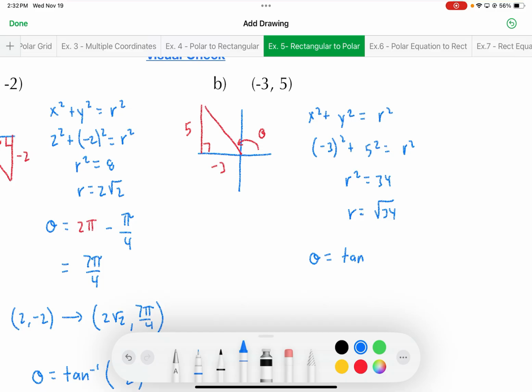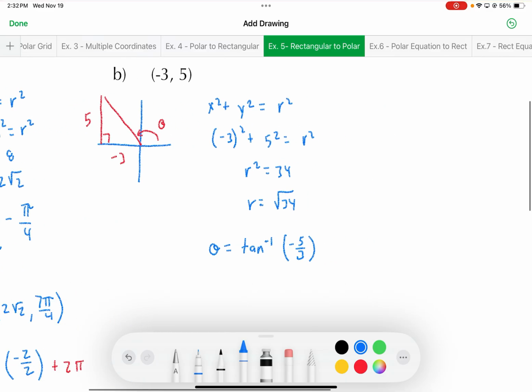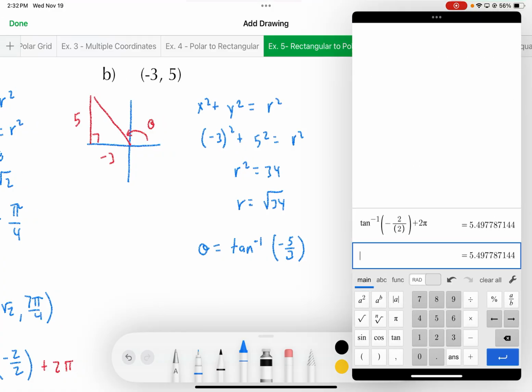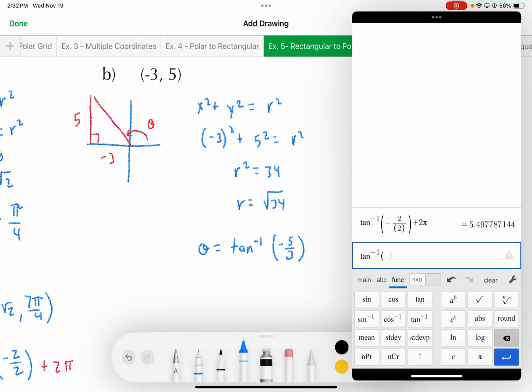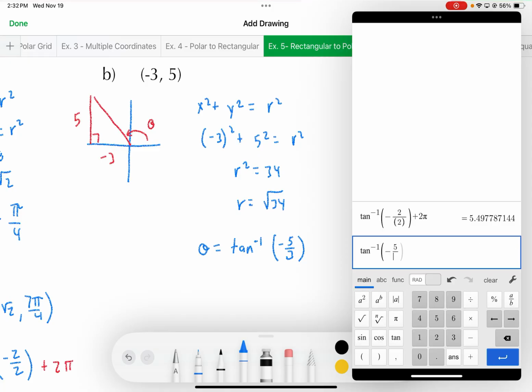I'm going to take inverse tangent of negative 5/3. And if I put that into my calculator, that is going to give me a fourth quadrant number again. That's the radian measure of it. That's not very concrete. There's the degree measure. Can we agree that's in the fourth quadrant? Is our point in the fourth quadrant, though? No, it's in the second quadrant.